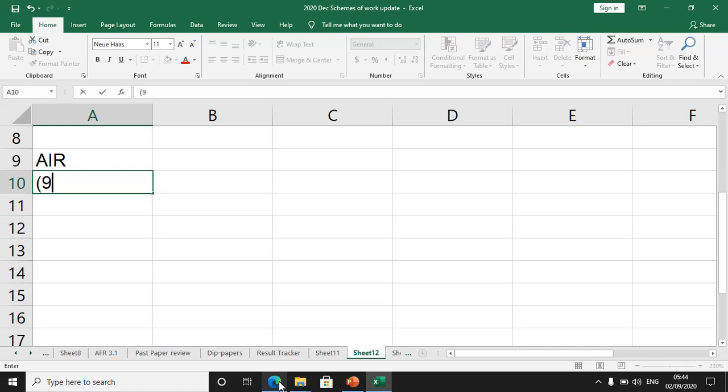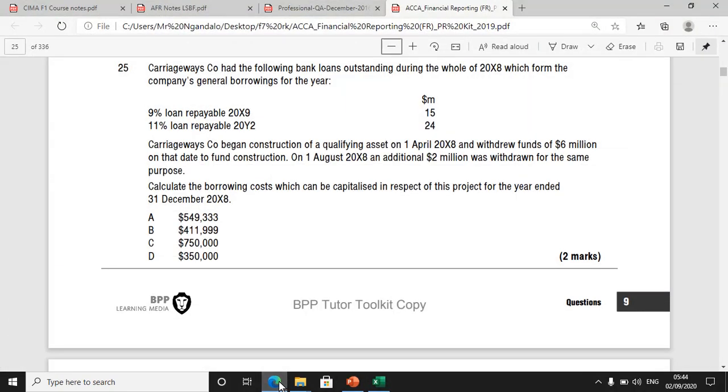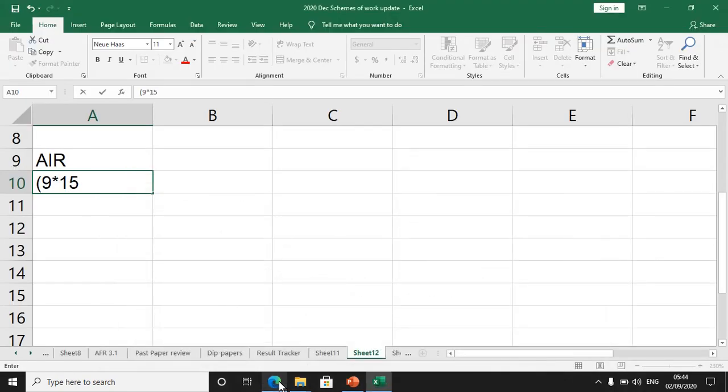So say 9% multiplied by 15 million divided by the sum of the two principals, which is 39. Okay, so this is 9%.